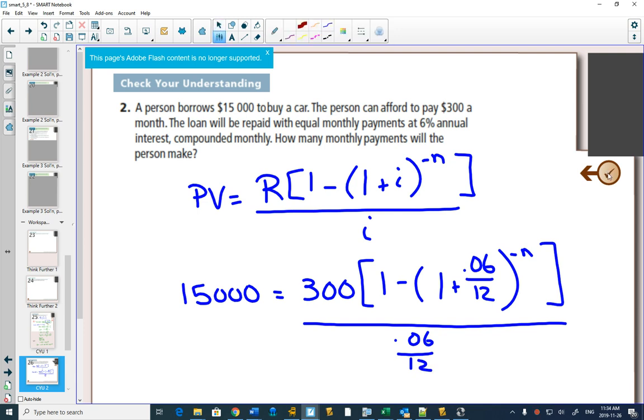So once again, here is our power. That is what we want to use our algebra to get by itself. So the first thing we're going to do is get rid of that fraction, so multiply both sides by 0.06 over 12.